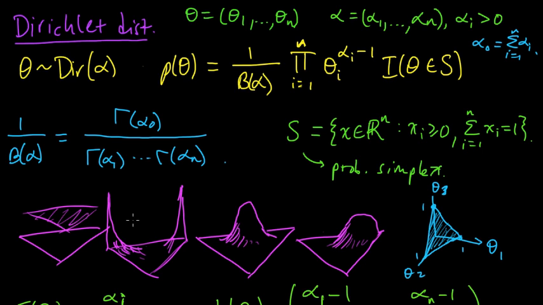Now suppose we set them all equal to 1, except we play with alpha 1. What happens if we make alpha 1 really big?